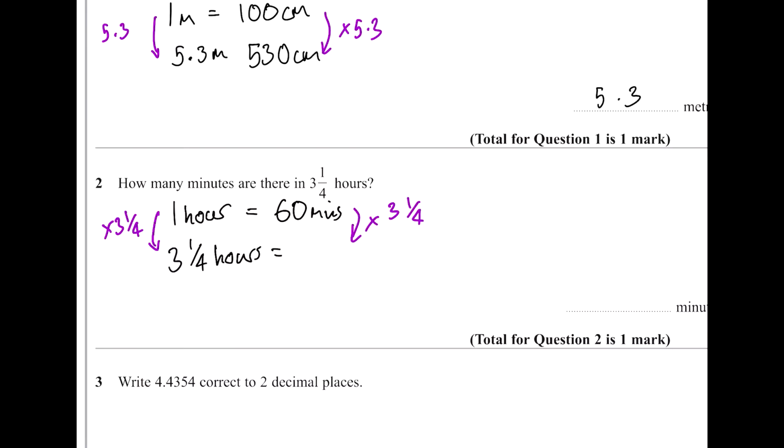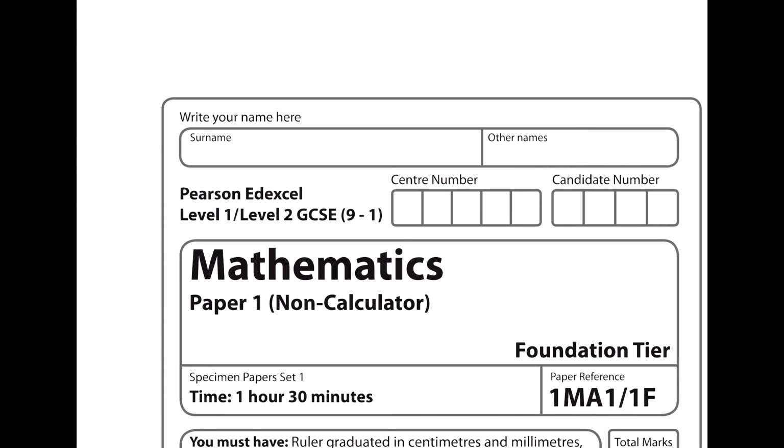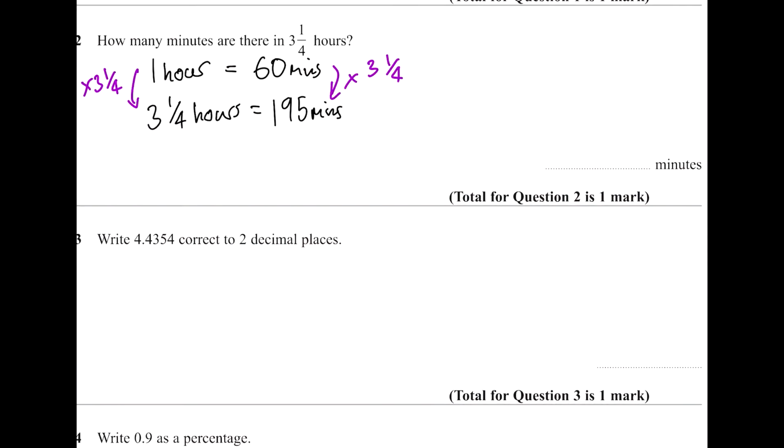That should give us, well, 60 times 3 is 180, and then 1/4 of 60 is 15, so it's 180 plus 15, which is 195. Should be 195.